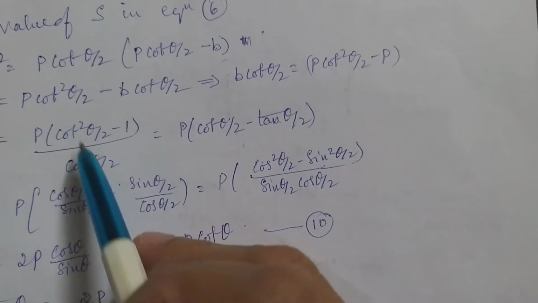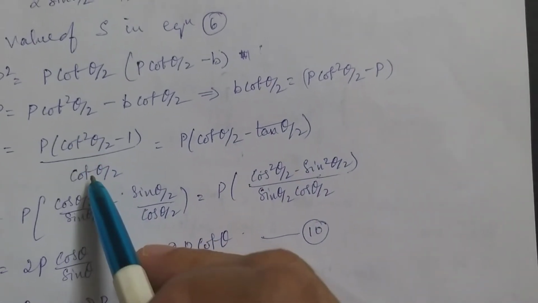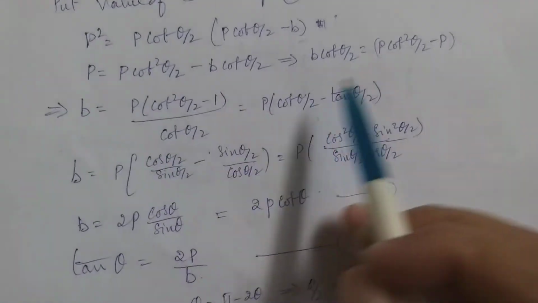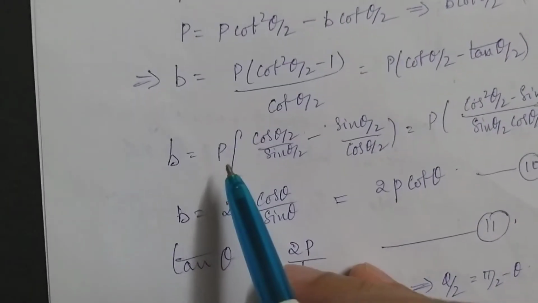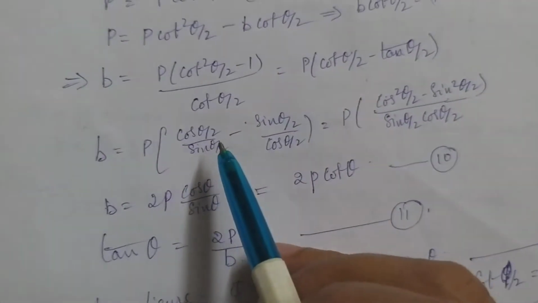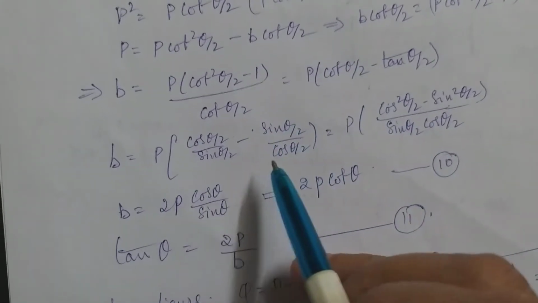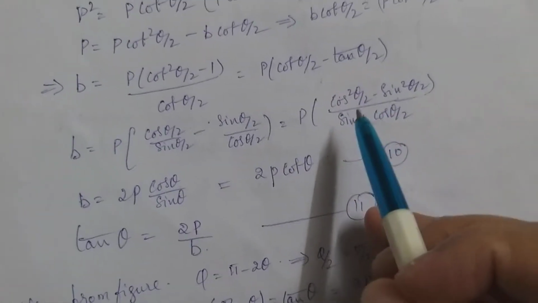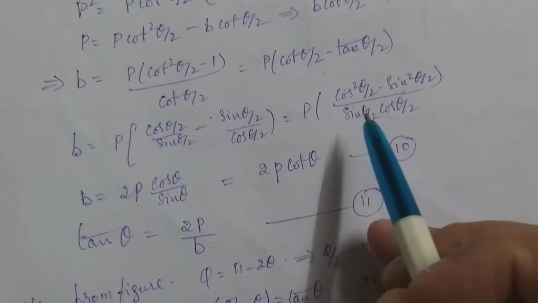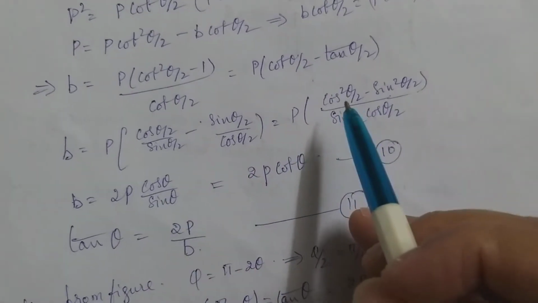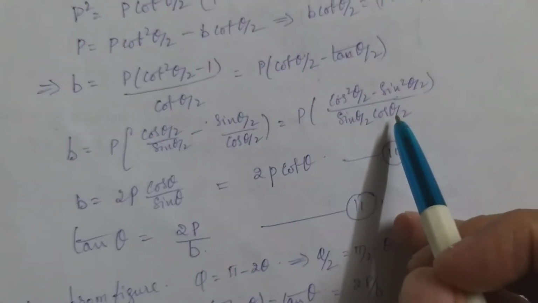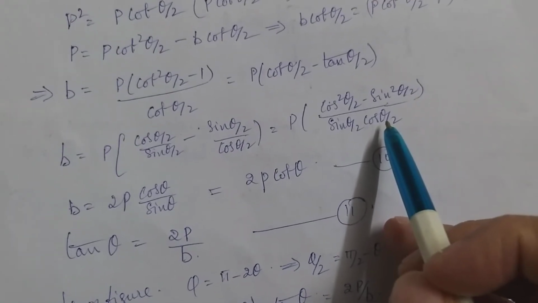You are dividing here. Cot theta by 2 will remain, and 1 by cot theta by 2 is tan theta by 2. So here B is equal to P into, again cot is cos by sine, tan is sine by cos. You will take the LCM and you will get sine theta by 2 cos theta by 2.